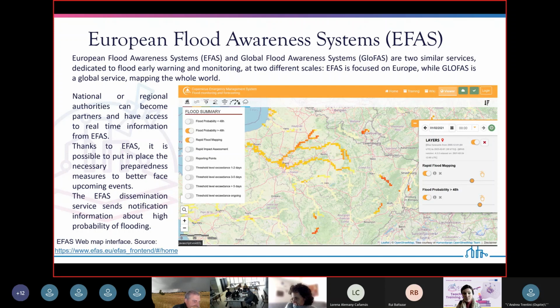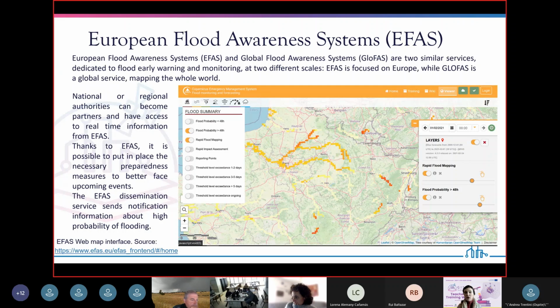Thanks to the thermal band, we can see also where we have something which is hotter than expected, so probably there is a fire going on. So these spectral information and the automatic processing, and the fact that these images can be acquired automatically every day, allows to monitor these phenomena.